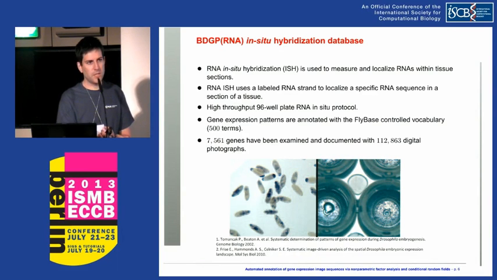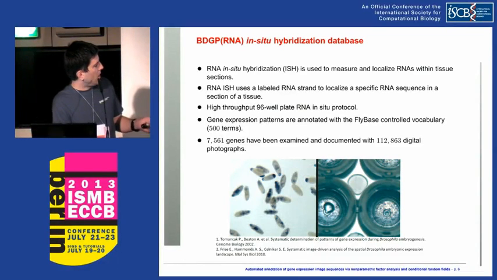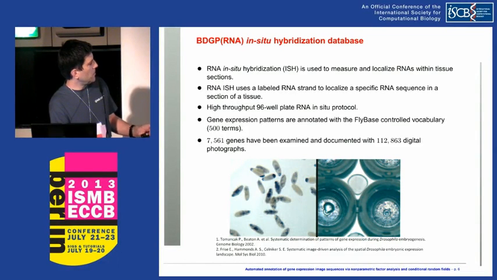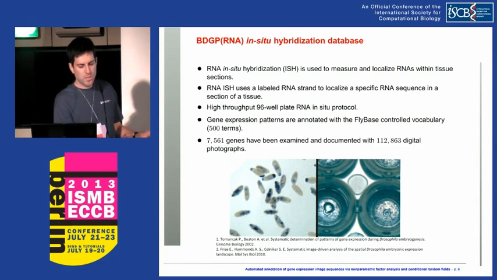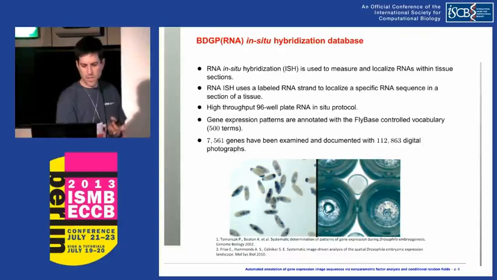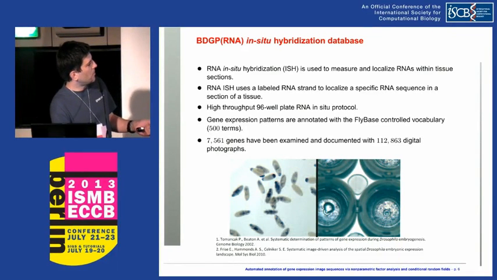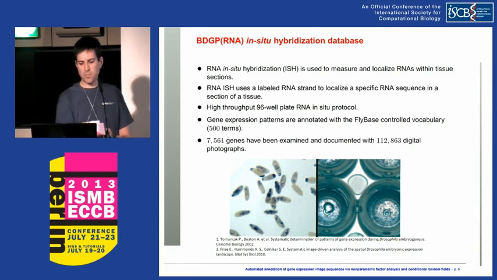So they decided to start taking pictures of various embryos in which a given gene is being expressed. So you see here lots of embryos, and they are fixed in this 96-well plate protocol, and images are taken of various embryos across time throughout Drosophila embryogenesis. And you see a snapshot of one of the wells used in this plate.